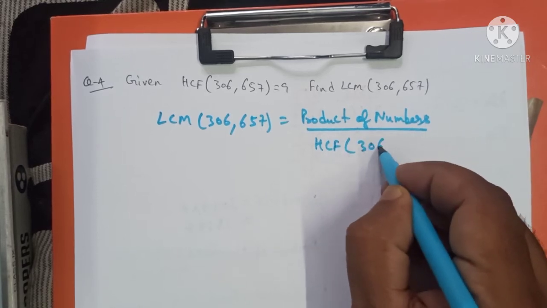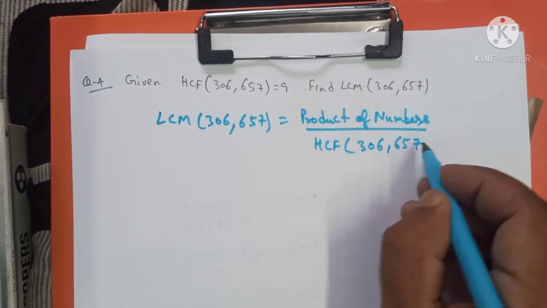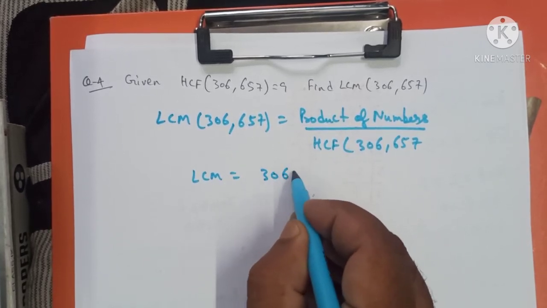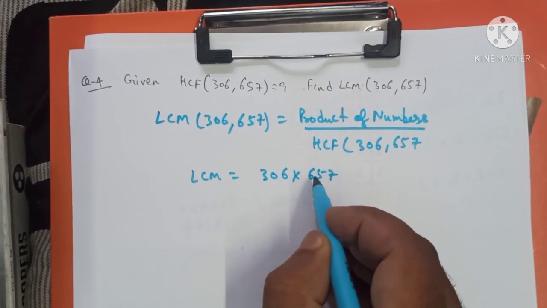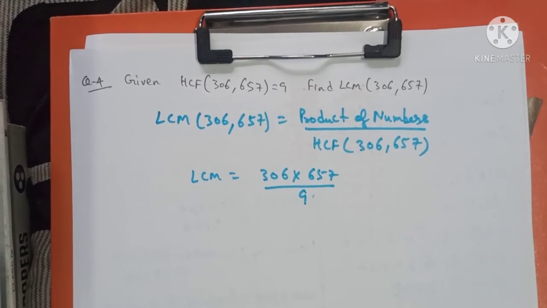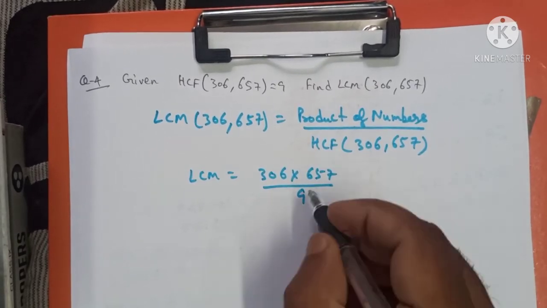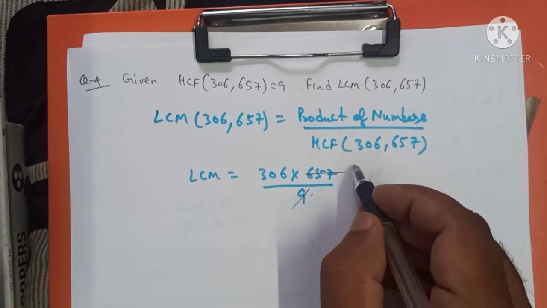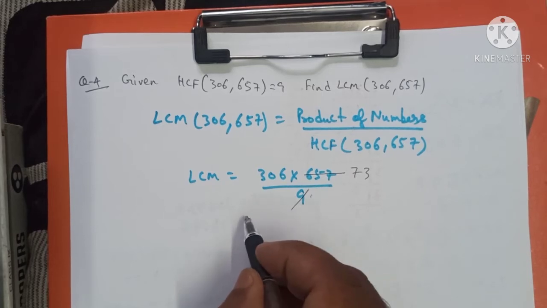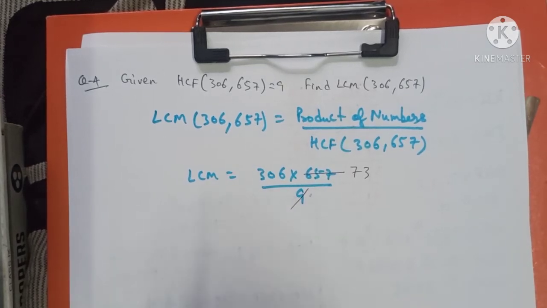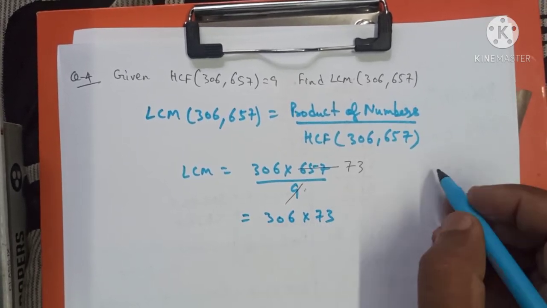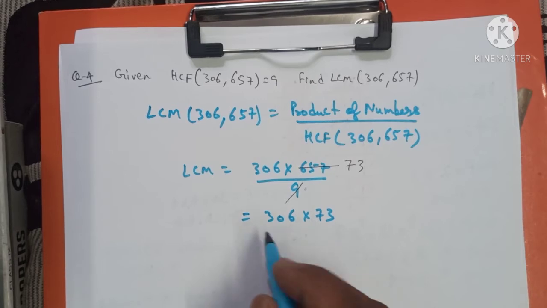So LCM will be equal to 306 into 657 upon HCF, that is 9. If we simplify it, it will be equal to 306 into 73. So just multiply it, 306 into 73.